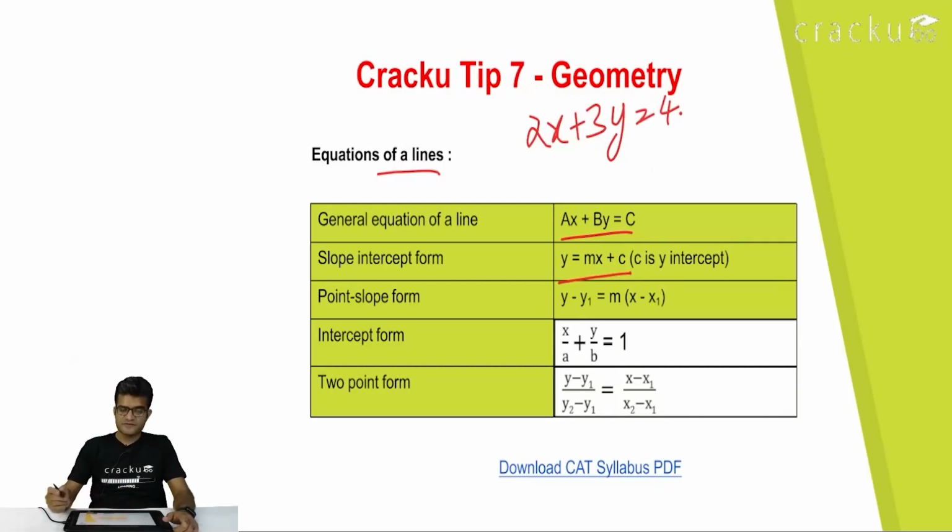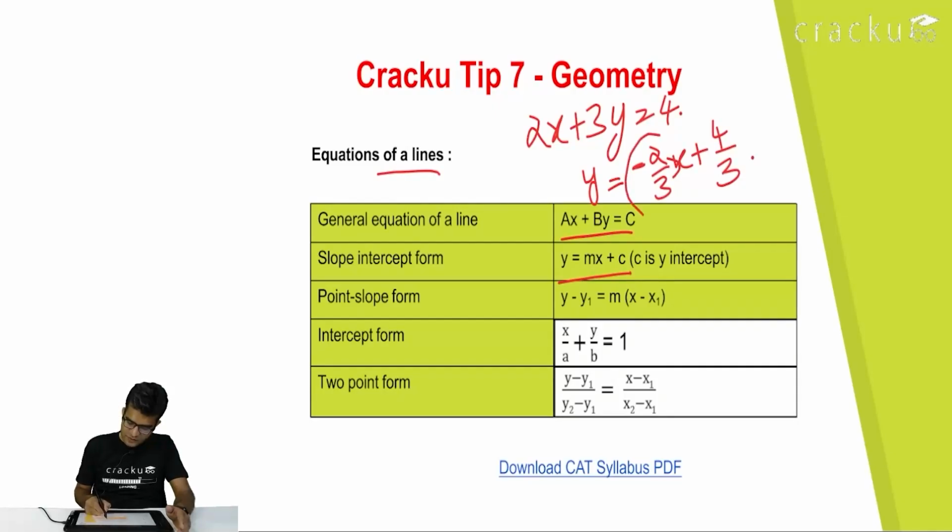You can transform the first equation 2x plus 3y is equal to 4 into the other form, y is equal to minus 2 by 3 x plus 4 by 3. Here the slope of the line is minus 2 by 3. Similarly, there are some other ways in which you can write the equation of the line. Let us now look at the next slide.